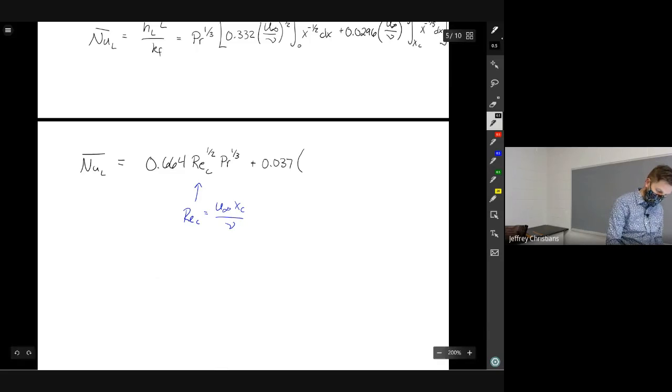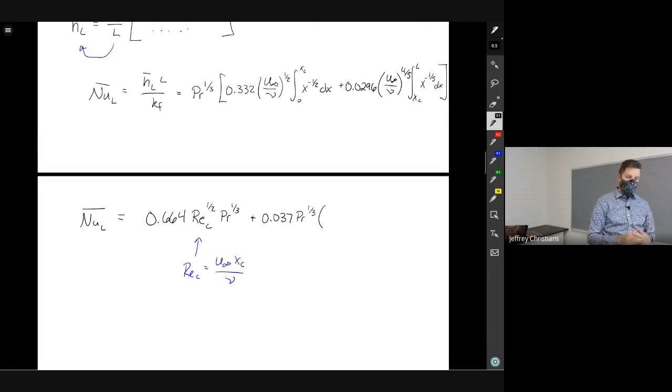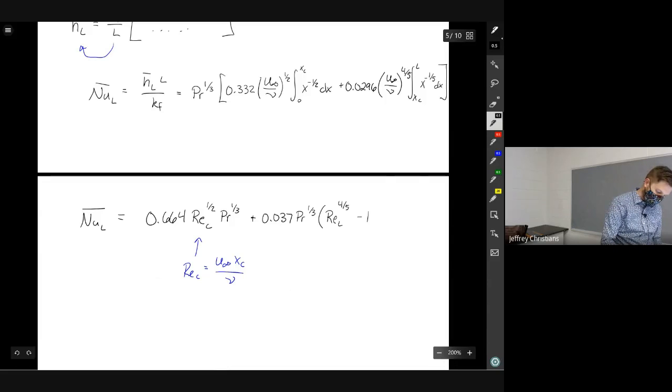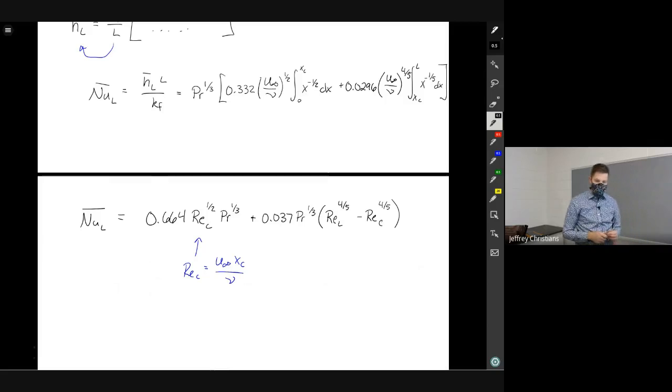0.037. And then this, because your bounds are from XC up to L, you would get both of those showing up here. Reynolds number L to the 4/5 minus that.